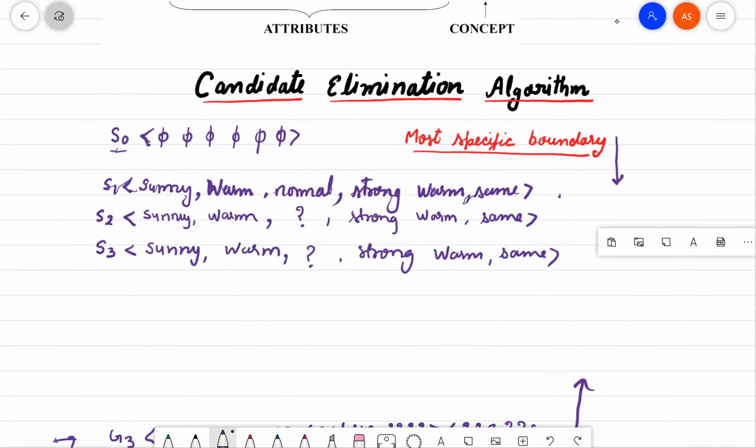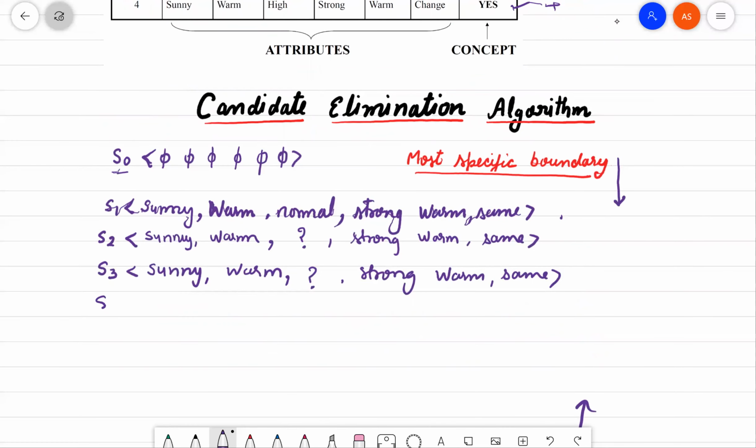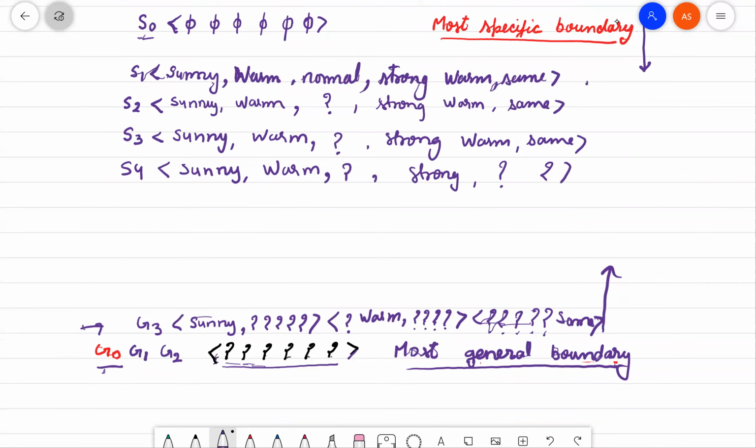Next we will take the S4. S4 will be same as in case of Find-S algorithm: question mark here, strong, and question mark.